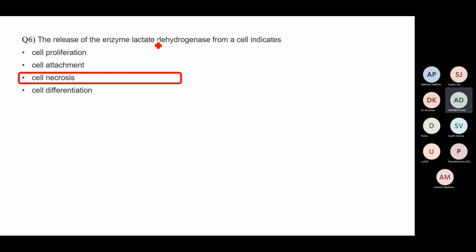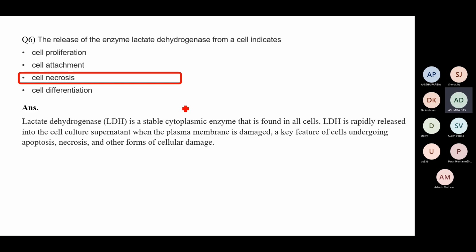Okay, so the correct answer here is cell necrosis. Lactate dehydrogenase is a stable cytoplasmic enzyme that is found in all the cells, and it is rapidly released into the cell culture supernatant when the plasma membrane is damaged. It is a key feature of cells undergoing apoptosis, necrosis, or any other form of cellular damage.